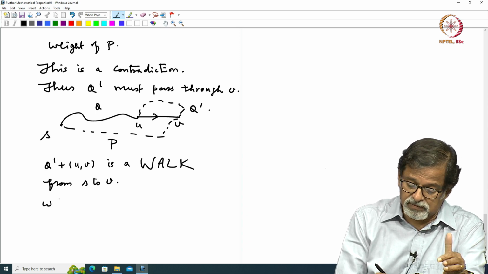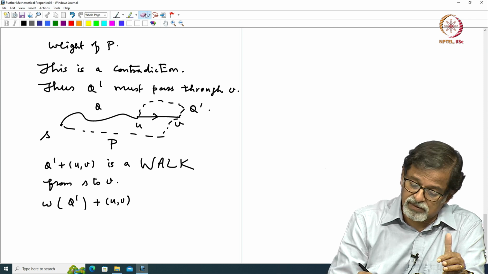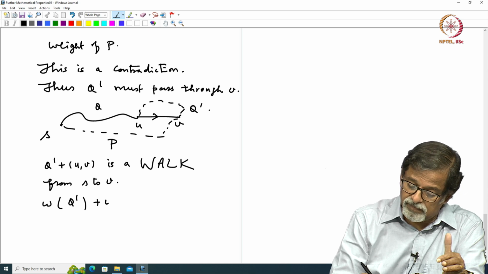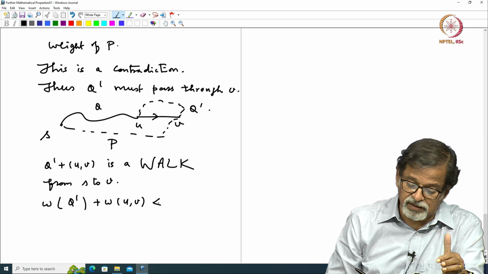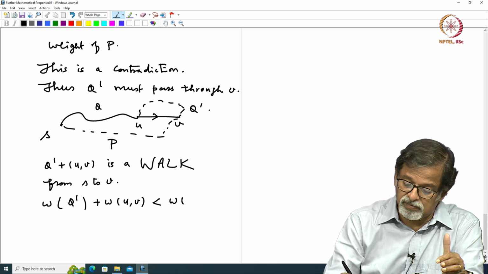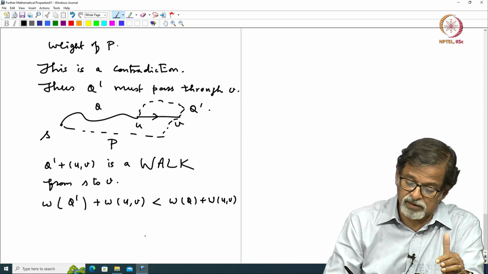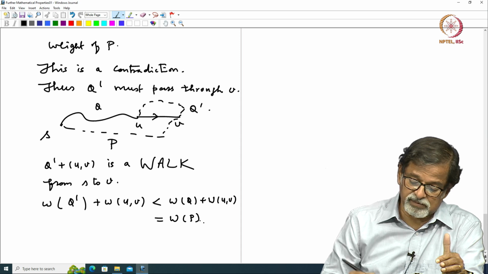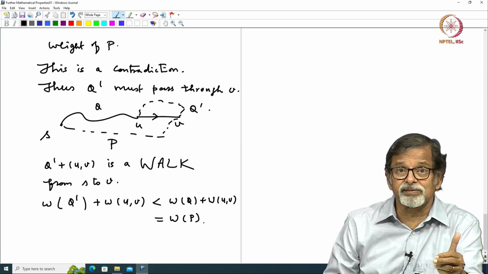Weight of Q dash plus weight of UV is less than weight of Q plus weight of UV, which is equal to weight of P. But Q dash plus UV is a walk.